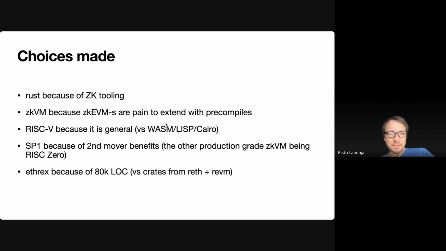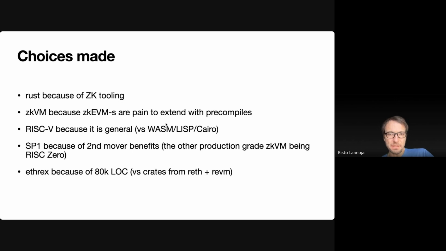The difference is that a ZK VM takes a full implementation of an EVM block verifier and runs it in a virtual machine, then generates an execution trace on it and proves it. But a ZK EVM is specific to the virtual machine implementation, so all the instructions of the EVM have to be manually written as zero-knowledge circuits.